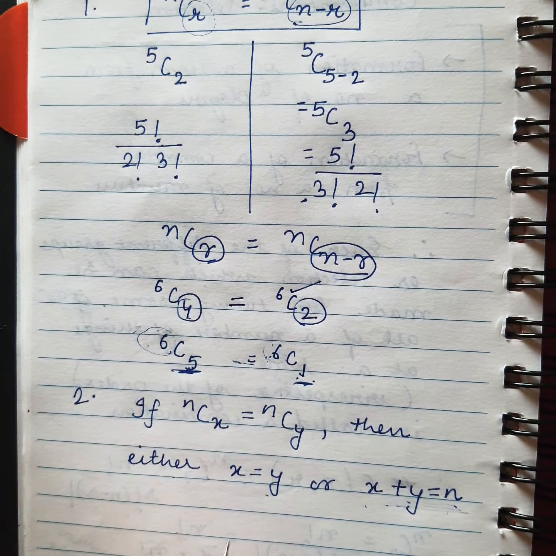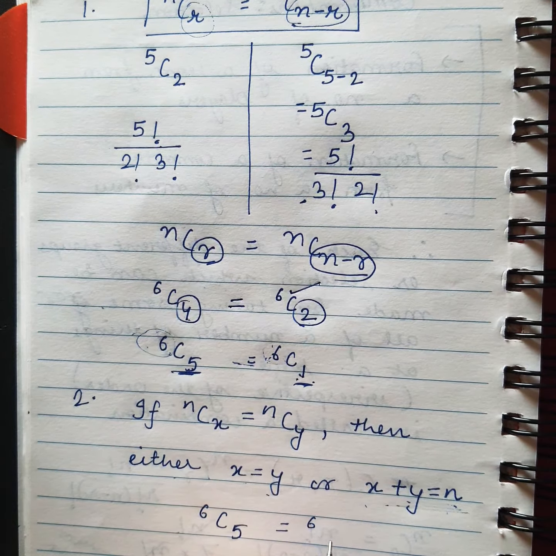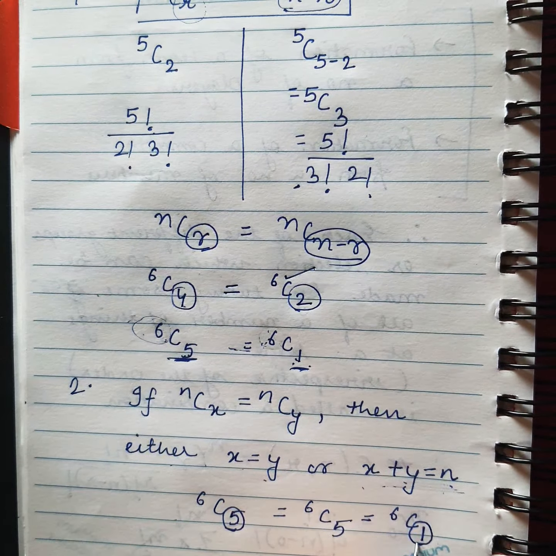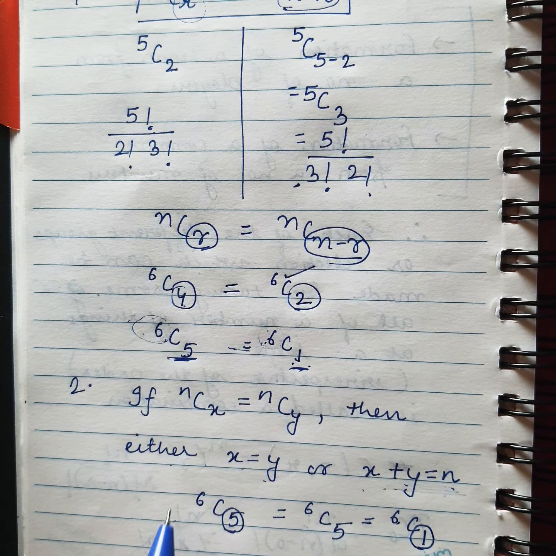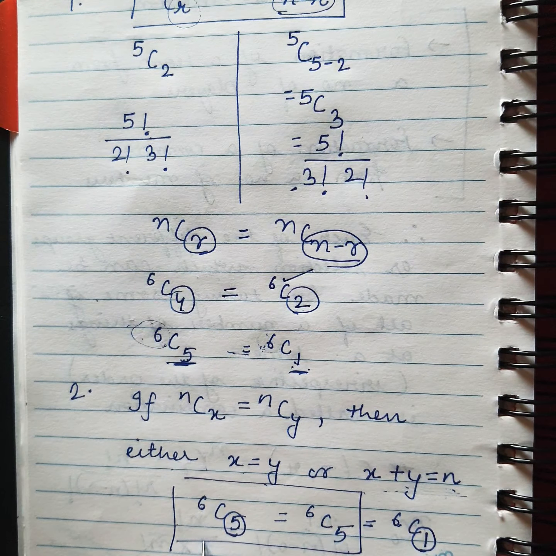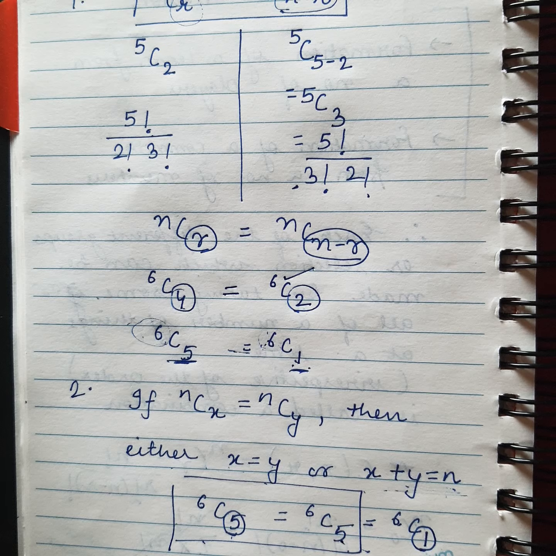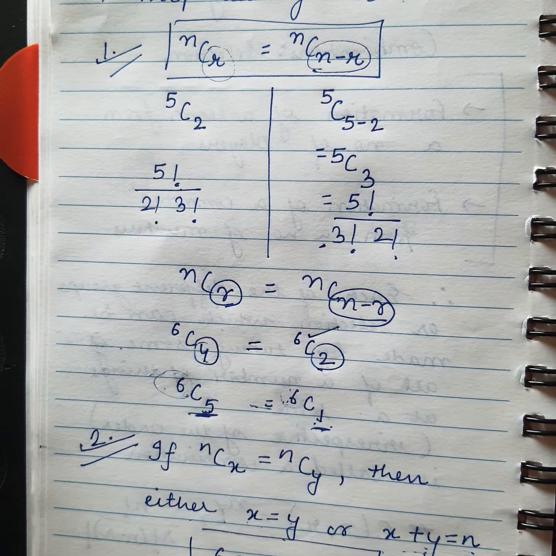Or if we directly want to keep them equal, 6C5 will be the same as 6C5 only, or 6C1. So either the sum of the r values should be n, or the numbers of combination should be exactly the same, that means x and y are equal. The proofs are not in the syllabus. You just need to remember the properties to use them in questions.